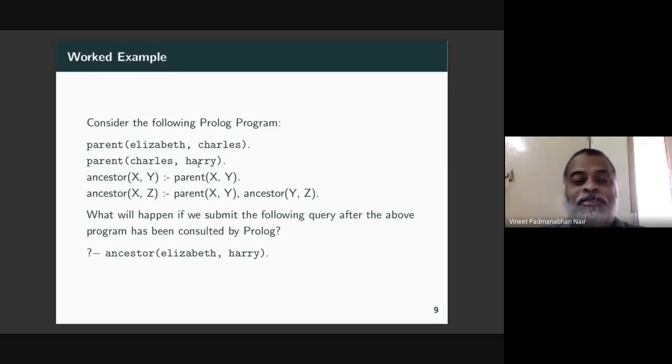Now see the third one. The third one says that if X is the ancestor of Y, then X is the parent of Y. Now this is a universal truth, because as long as you are the ancestor of somebody, obviously you have to be related in some way in your family tree. Otherwise you cannot tell you are the ancestor.